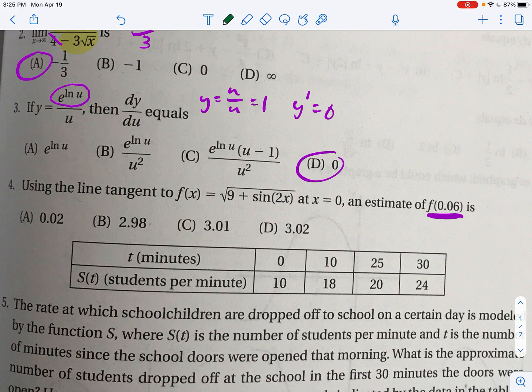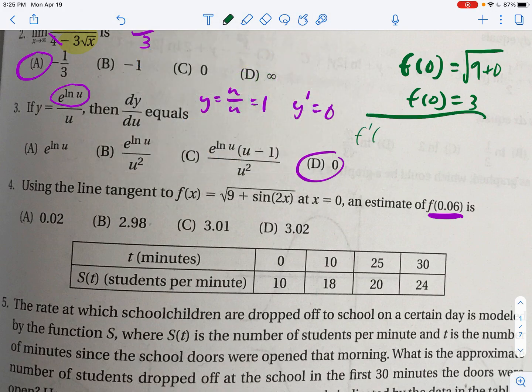They give you a ton of space for your work. You don't have to cram it in margins the way I'm doing it here. So f of 0 would be the square root of 9 plus sine of 0, which is 0, which is 3. So the idea is this y value is presumably very close to 3, but we've changed it a little bit. So now let's think about the derivative.